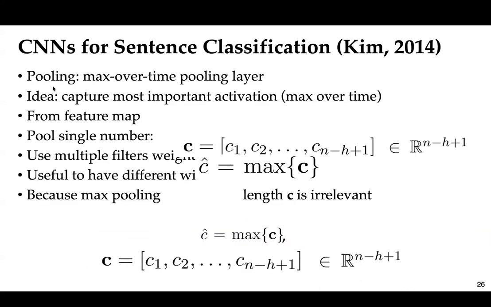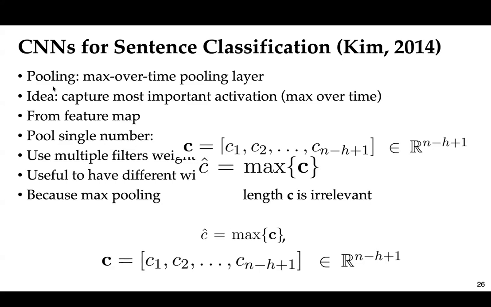Okay, this is a mathematical expression of it. In this particular work, pooling was done with a max-over-time pooling layer. The idea is to capture the most important activations, as explained earlier. From the feature maps, you pool a single number, starting with c equals c1, c2, up to c_{n-h+1}, where h is the size of the filter.